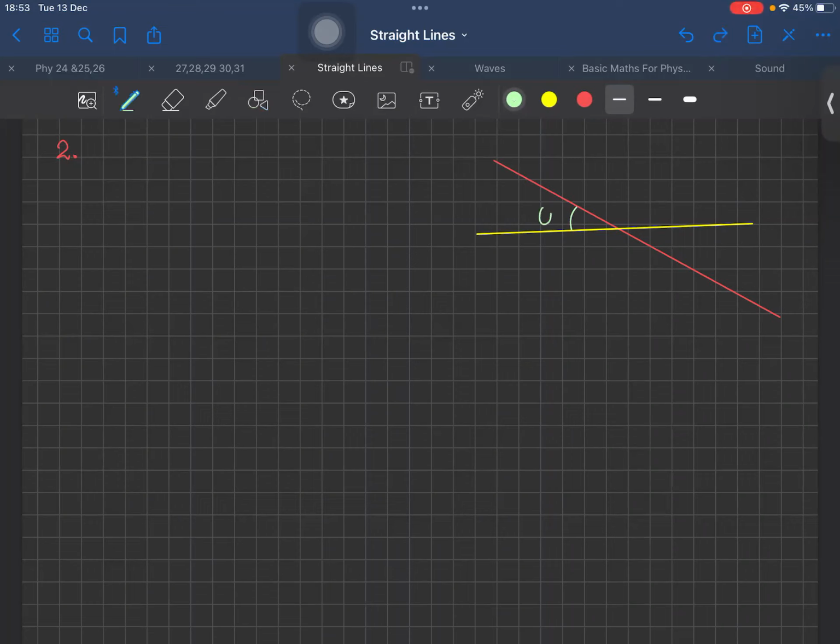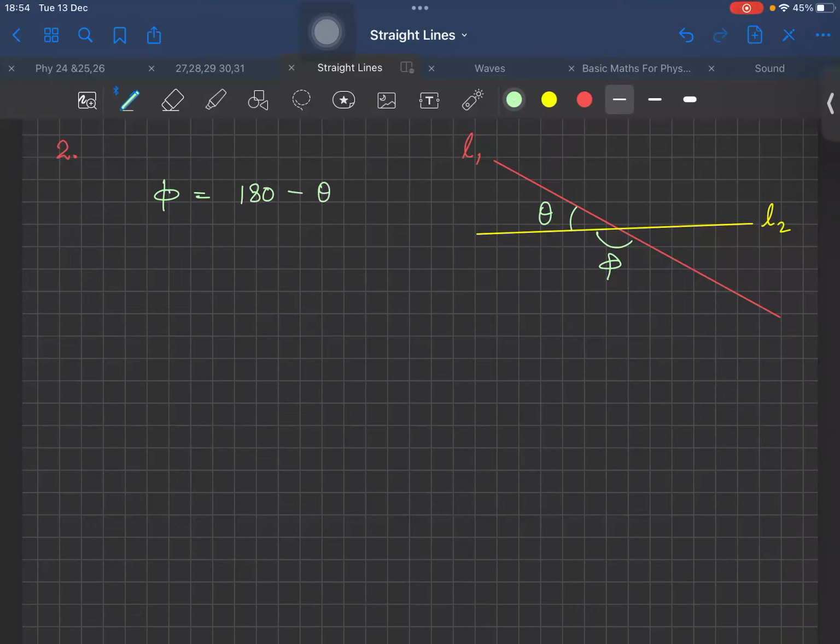Let's say this is line L1 and this is line L2. Between L1 and L2 there will be two angles, theta and phi, and phi is equal to 180 minus theta.